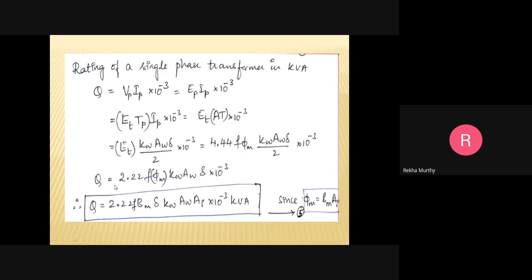So finally, simplifying further, you will come to 2.22 F into psi m into KW, AW into delta into 10 power of minus 3. If you want, you can end your formula here. Otherwise, you can simplify flux as flux density multiplied by area, that is Bm into Ai. So this will be your final equation.